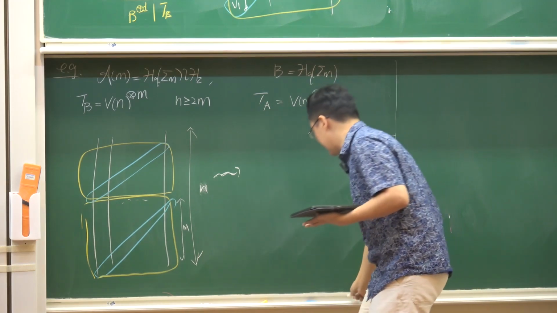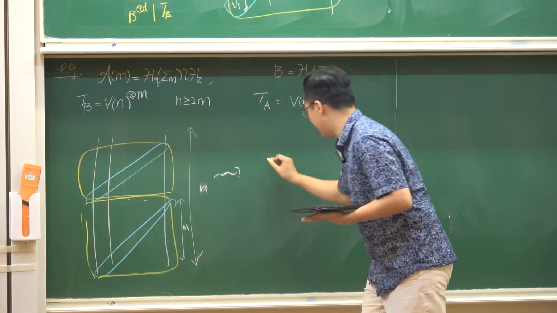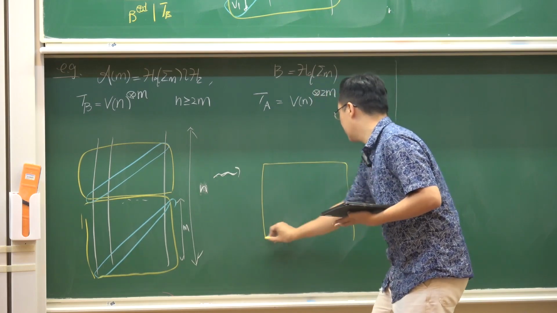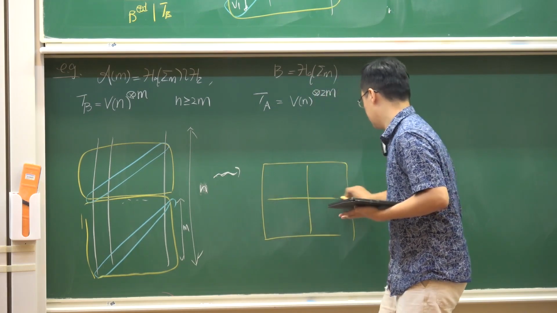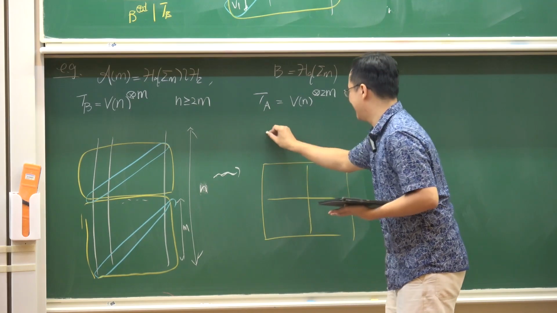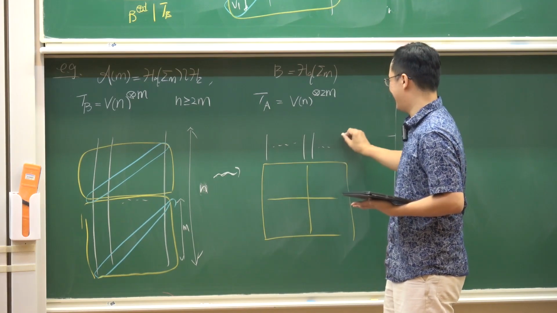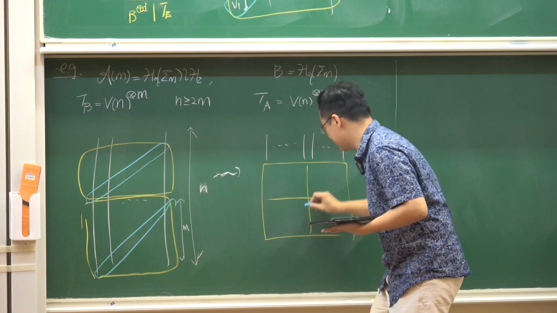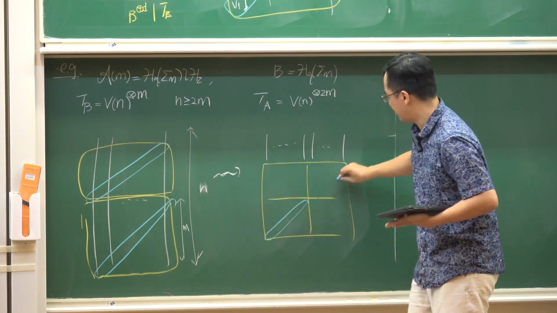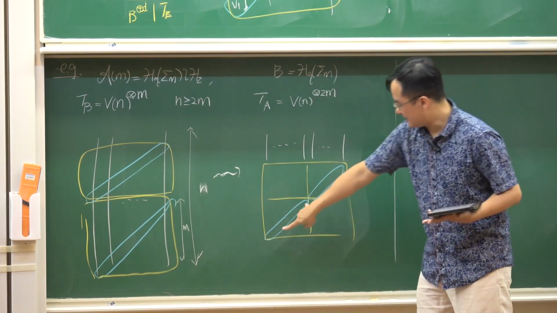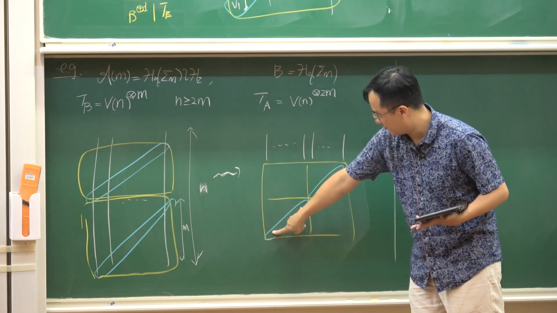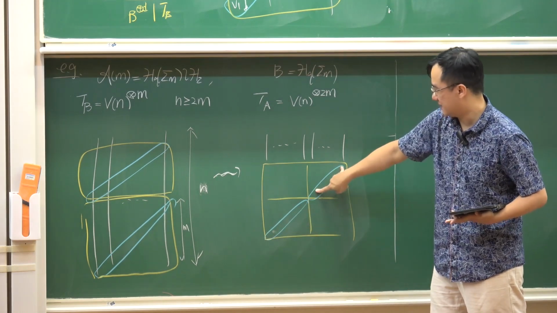And then I need, vaguely speaking, something like this. I'm being sketchy here, but I hope this makes sense to you. So I want to generate something by taking this tensor product with that tensor product.